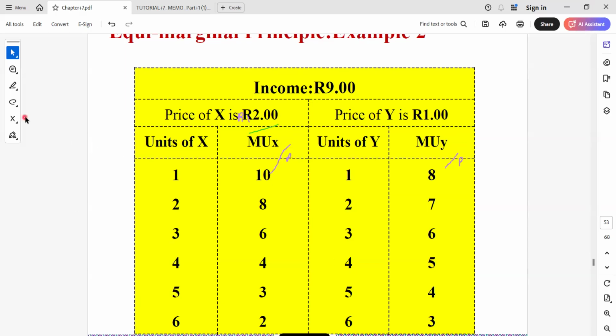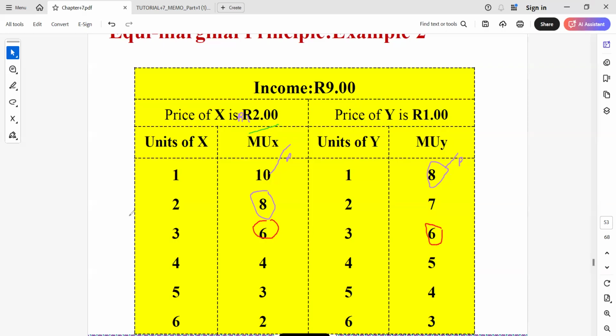So firstly, we find where marginal utility per rand for good X is equal to marginal utility per rand for good Y. So we find it here, 8 and 8, and then also 6 and 6, your marginal utility per rand is equal here.